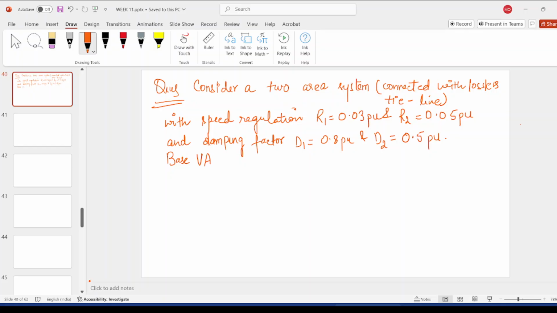Base volt ampere of each area is 100 MVA.